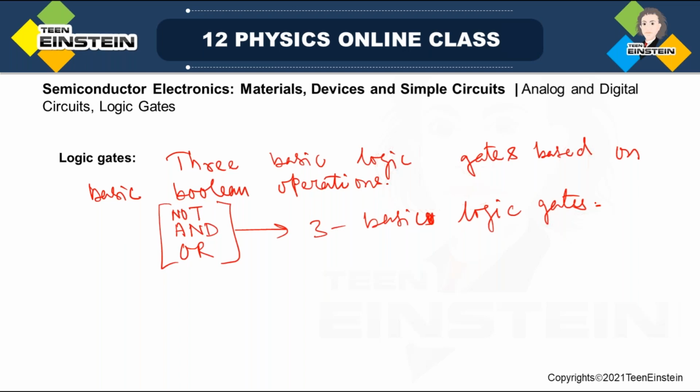Now we have already learned about their operations. Now we will see for each gate how to symbolically represent each of the gates, and how we express their input and output relationship. Input output relationship is expressed in terms of a table called truth table, or Boolean expression.